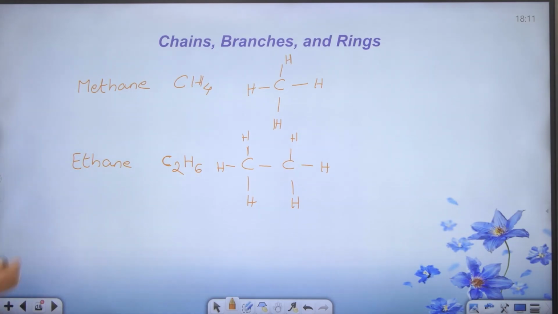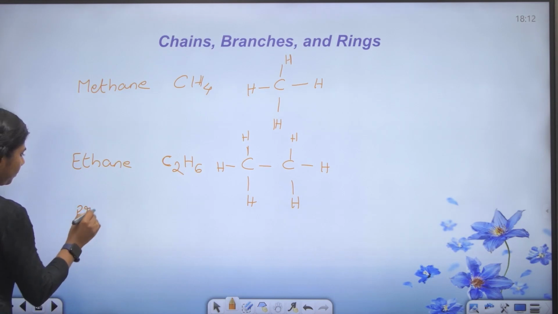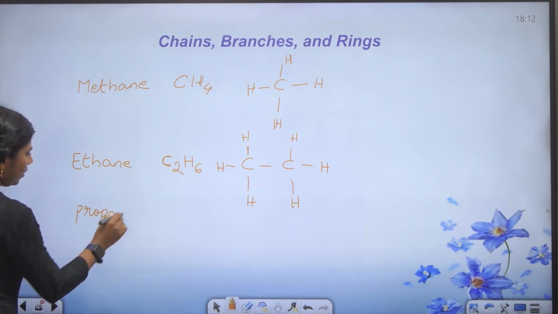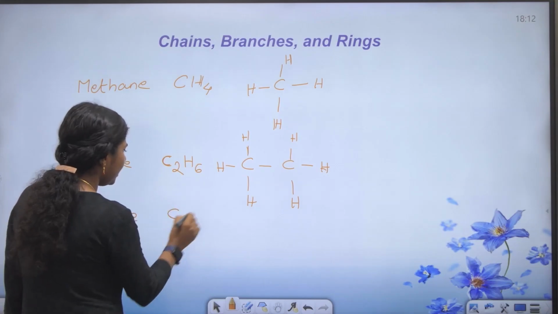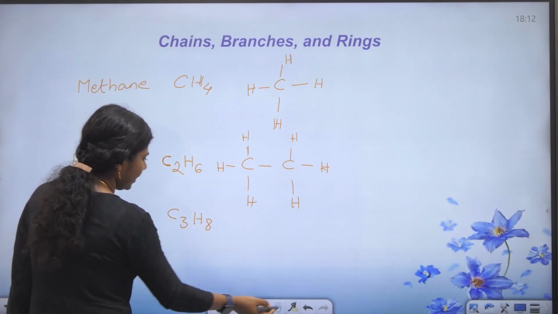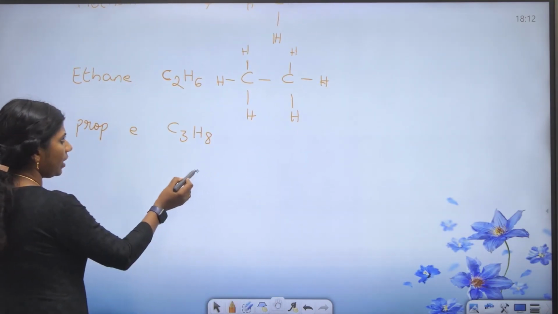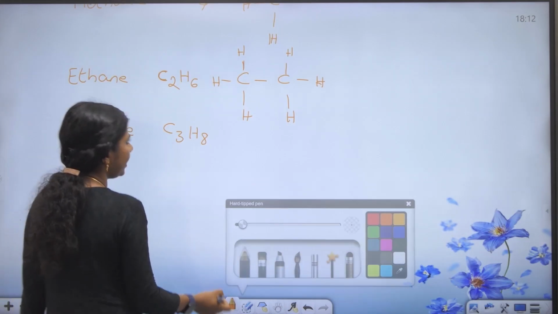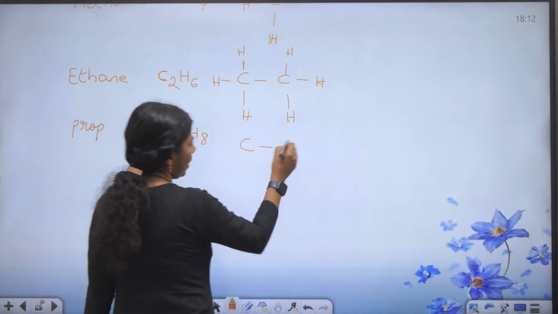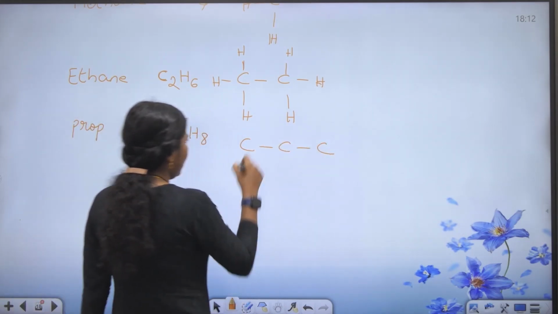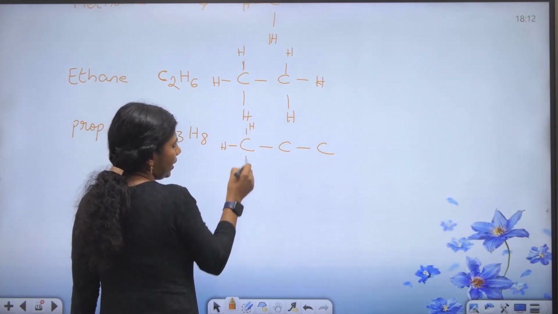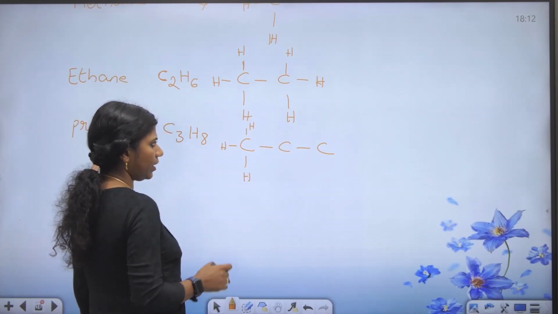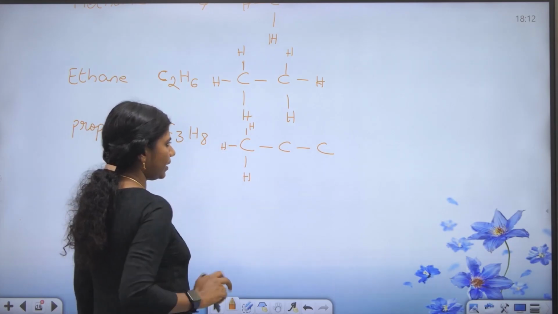Then next one, propane. The molecular formula of propane is C3H8. Total 3 carbon atoms. The first carbon atom is connected to 3 hydrogen atoms, so its valency is satisfied.